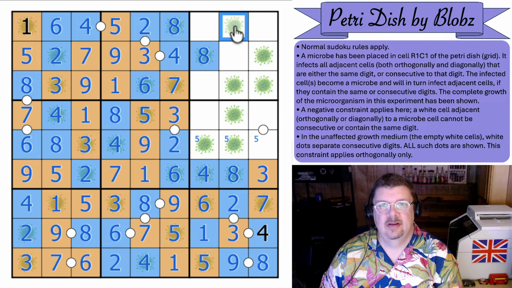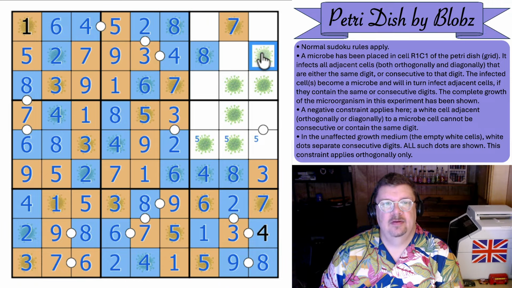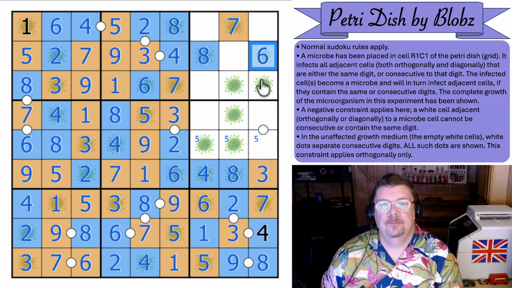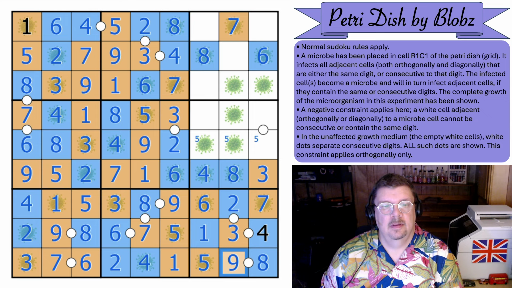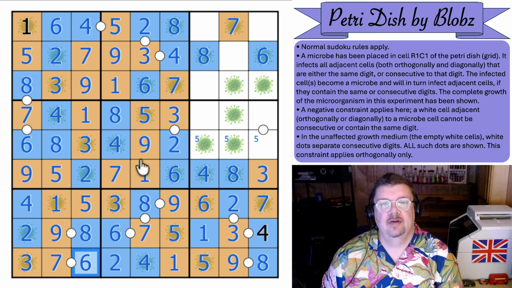So that is now 7 or 9, but if that were a 9, well, it can't be by Sudoku, but that would be an 8, so that's a 7. So that now has to be a 6. That I appear to have coloured the wrong colour, and also that one. Not quite sure how I did that.